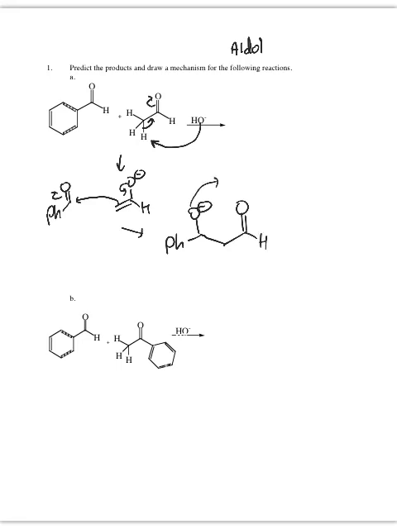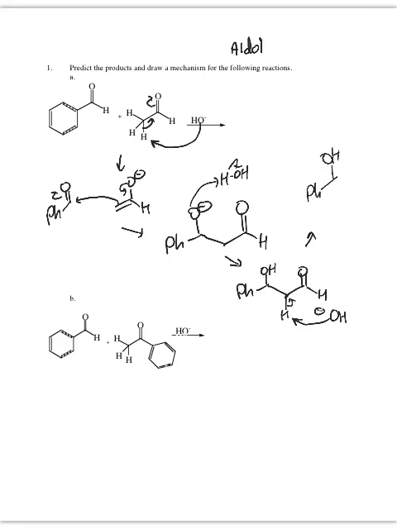This can now go grab a hydrogen off of water to give us the alpha hydroxy carbonyl, and then from here we can draw it in either an E1CB or an E2 elimination, where hydroxide comes in and grabs the hydrogen off of that acidic carbon, and then once we form the negative charge, we can kick out the leaving group to form cinnamaldehyde.